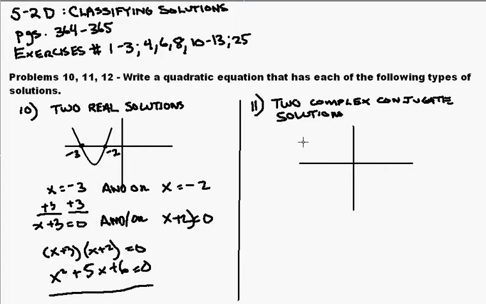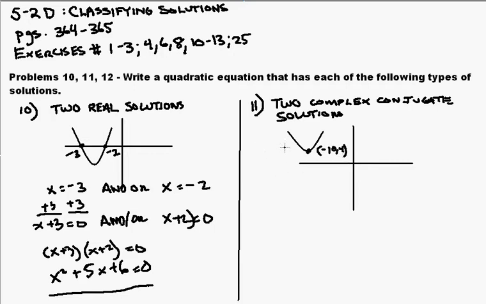Let's say that I wanted to create a parabola that was going up like so, and that I chose a vertex right here of -10, 4.